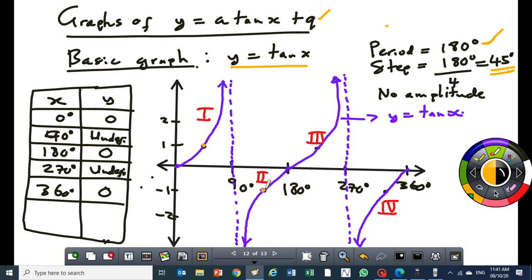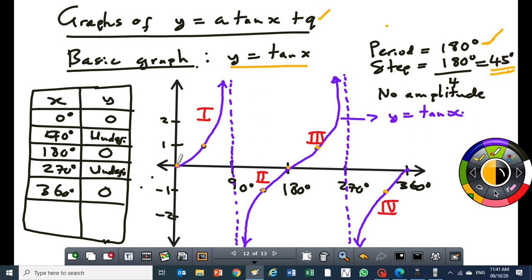It's also on your calculator. Obviously 180, and we have got 225 here. 270 and 90 are critical points because that's where the asymptotes pass through. Then we also have 315 degrees, and obviously we have got x equal to 0.